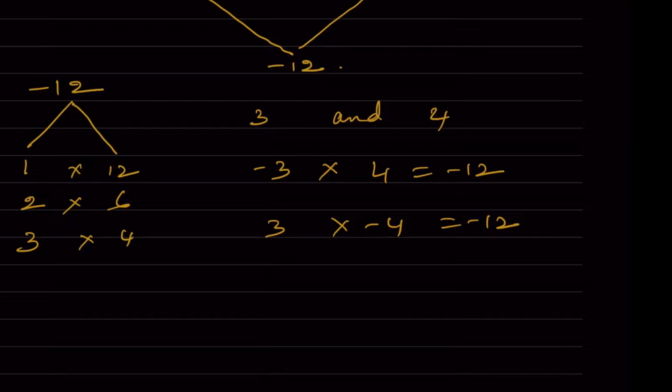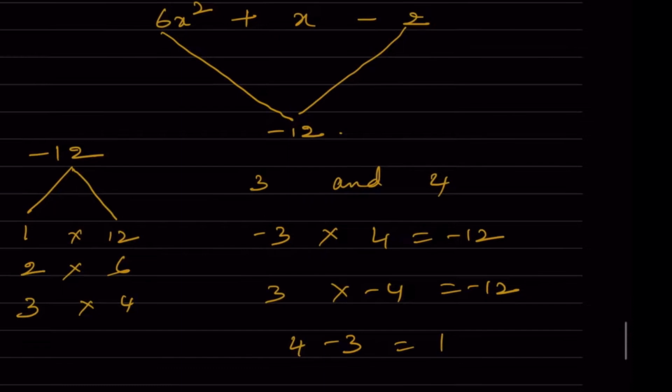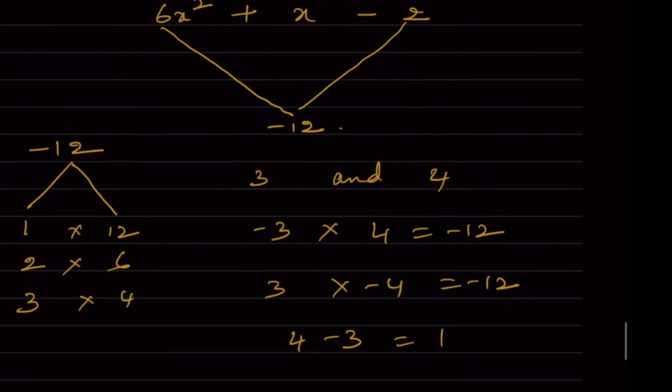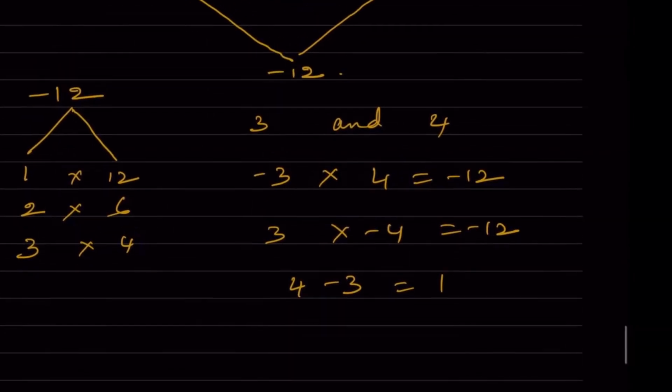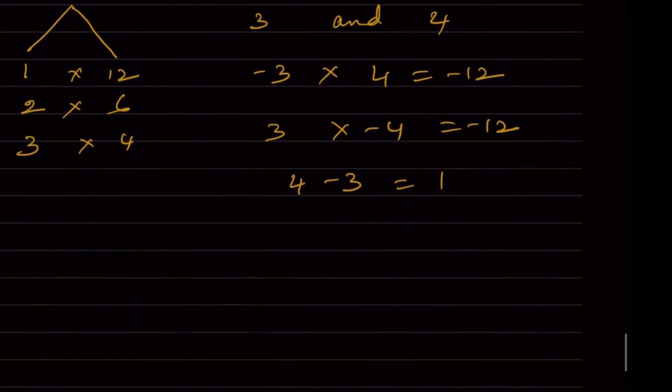So the coefficient is positive, which means if you are taking 4 minus 3, then it will become positive. You are getting a positive 1. And 4 into minus 3 will also give you minus 12. So we can write it as minus 3 plus 4 is equal to 1, and minus 3 into 4 is equal to minus 12.